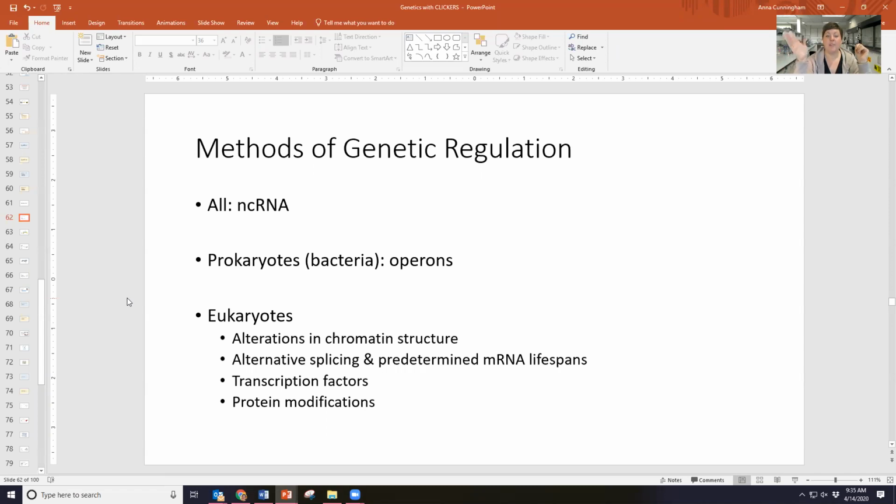Eukaryotes tend to be much more complex organisms. Not to say their genomes are larger necessarily, but they do tend to be far more complex. They have a lot more genes to regulate, and a lot more complex environments. Like bacteria, for example, E. coli pretty much only likes to hang out in your gut.